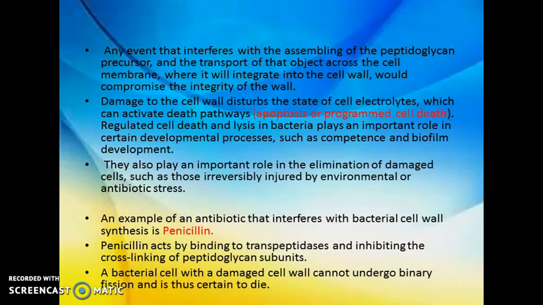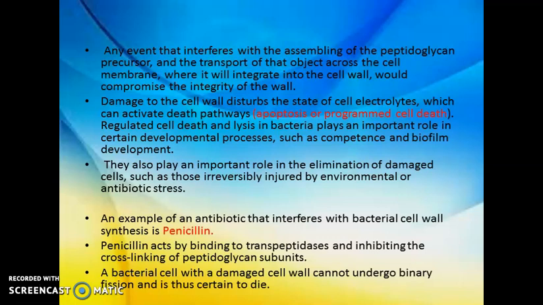An example is the antibiotic penicillin, which interferes with bacterial cell wall synthesis. Penicillin is an important antibiotic which interferes with the bacterial cell wall. Thus, it disturbs the state of cell electrolytes, which activate death pathways within a cell.